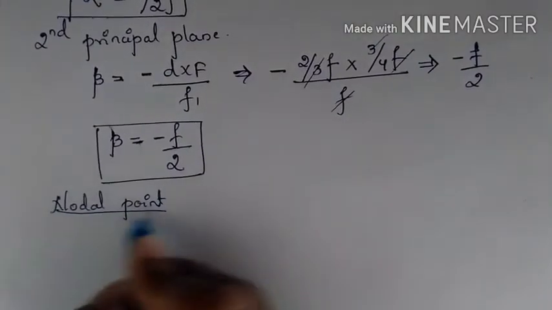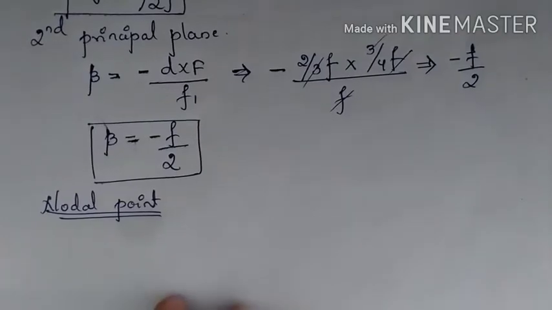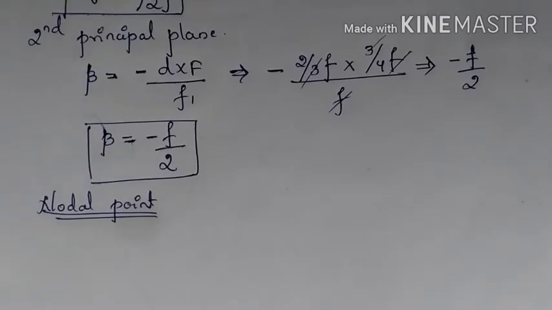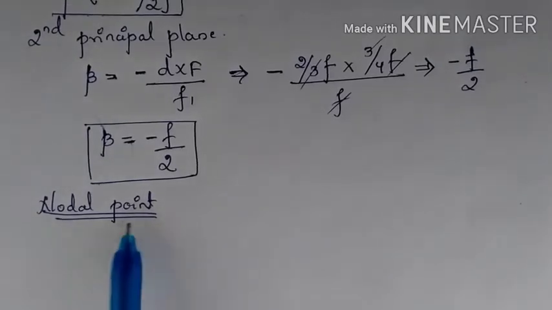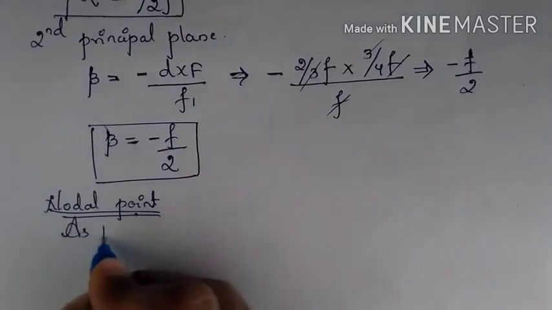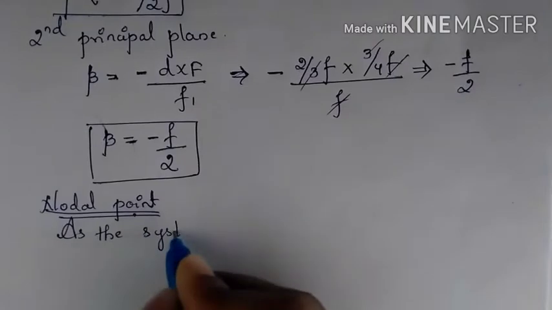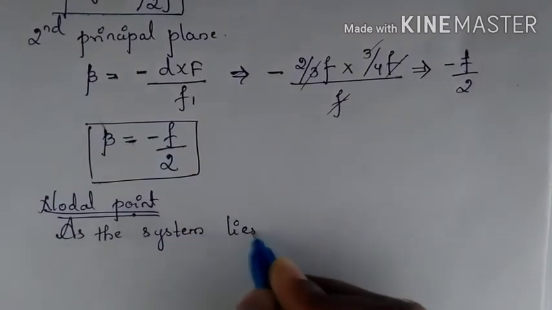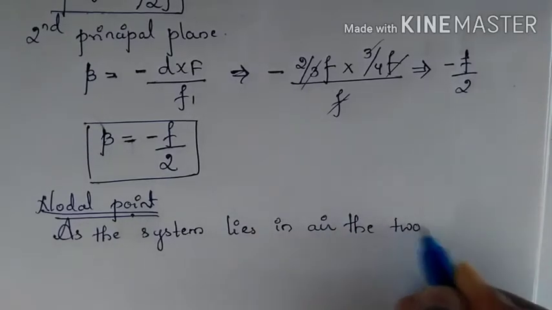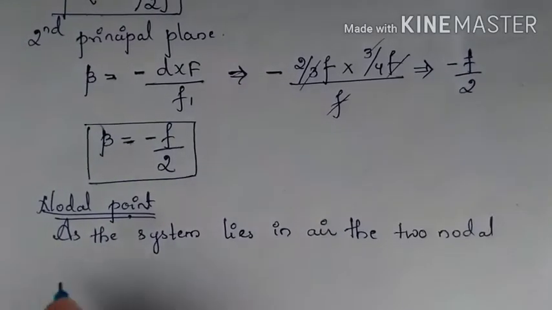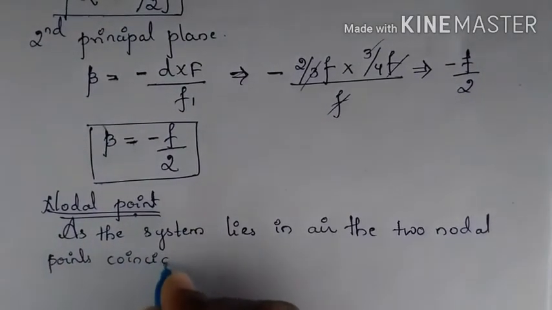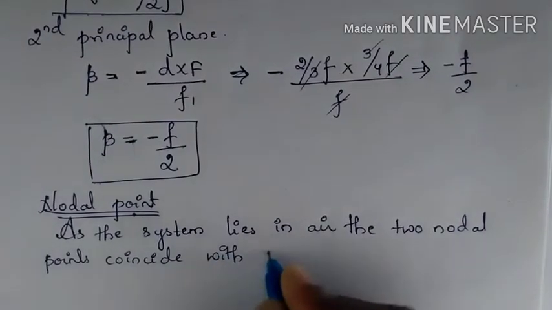So for this nodal point, the object system and the image system both are lying in the same medium. So that is, they are lying in the air medium. So nodal points will coincide with the principal points. So as the system lies in air, the two nodal points coincide with principal points.